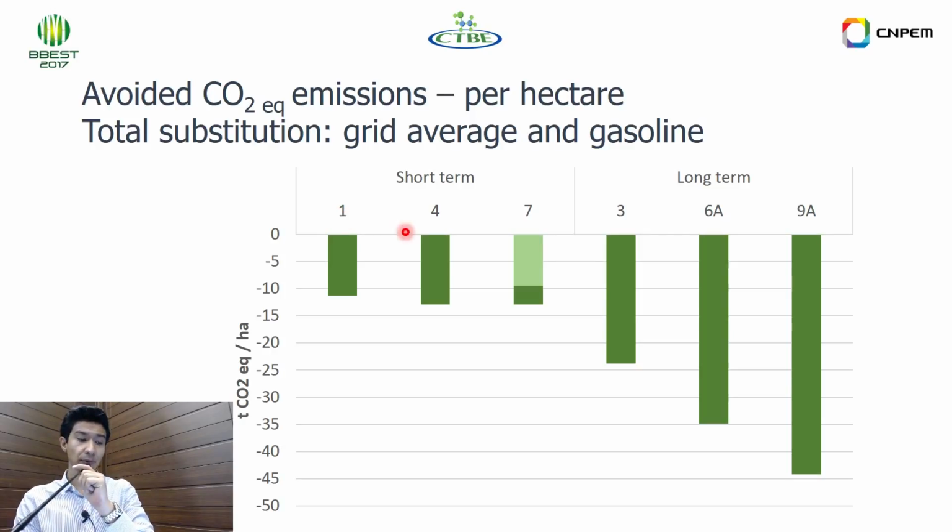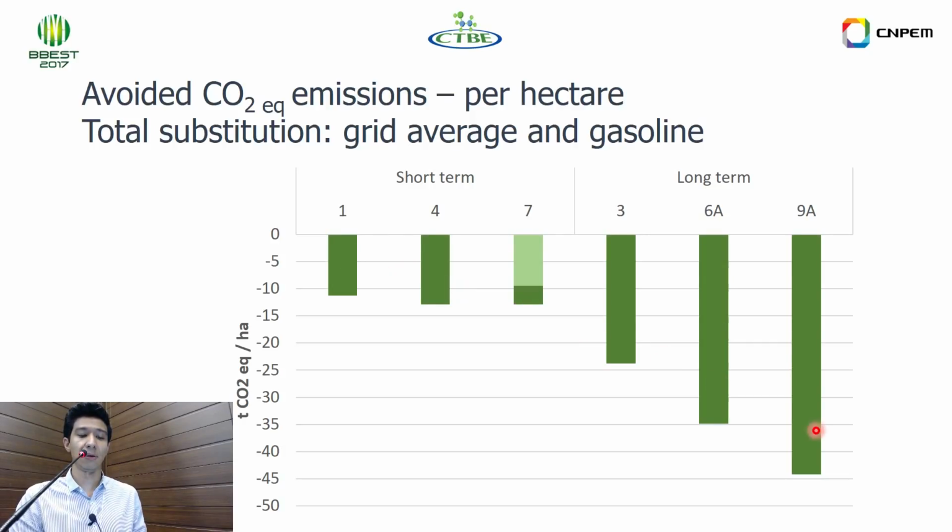So we can see that scenario 4 produces more ethanol than scenario 1. And an interesting point is that a scenario producing more ethanol than electricity would be more interesting in terms of impacts avoided for the same hectare of sugarcane.